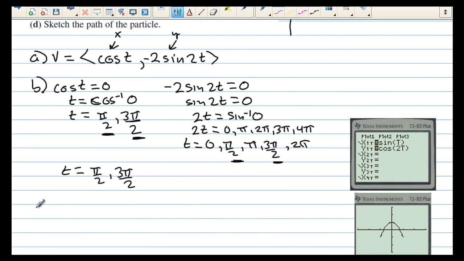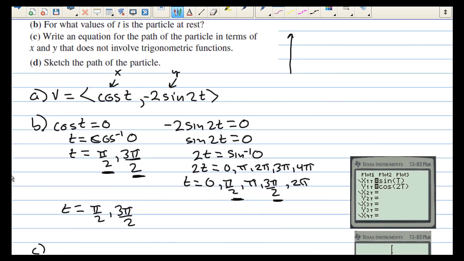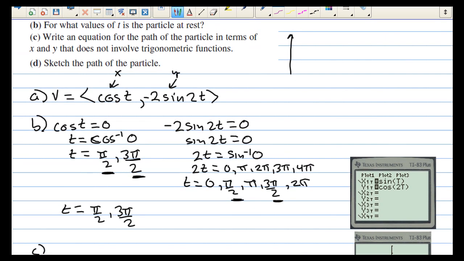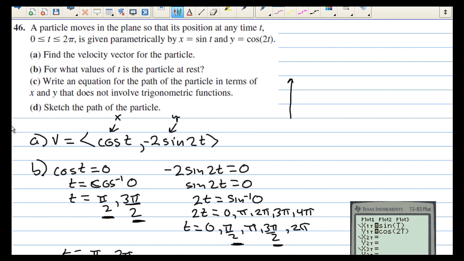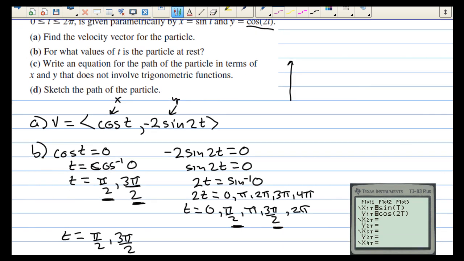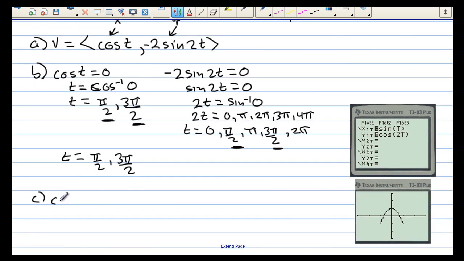Letter C says write an equation for the path of the particle in terms of x and y that does not involve trigonometric functions. Well, this one is the double angle formula. One of the formulas we can use for the cosine of 2t is 1 minus 2 sine squared of t.